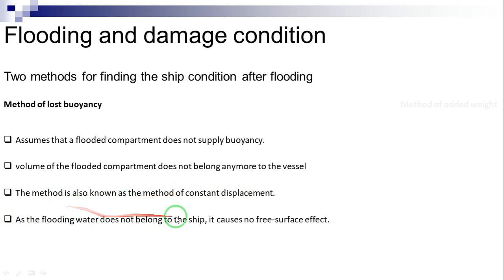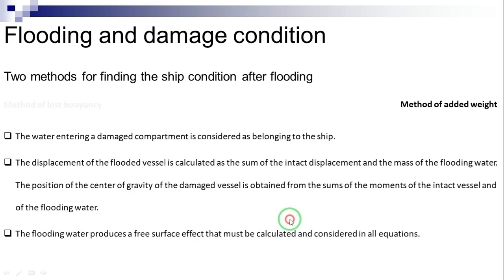In the method of added weight, the water entering a damaged compartment is considered as belonging to the ship. Its mass must be added to the ship displacement, hence the term added weight. Following modern practice, we actually work with masses. However, we keep the traditional name of the method, i.e. we use the word weight.